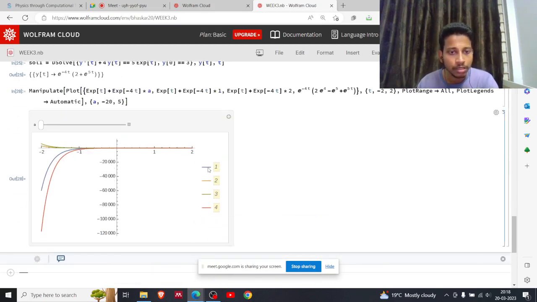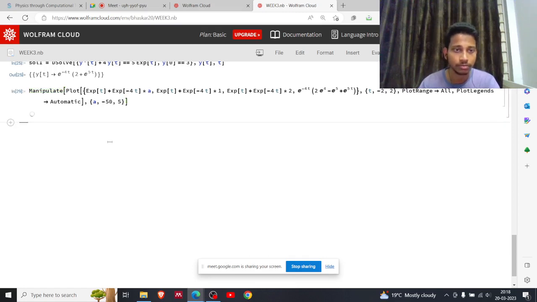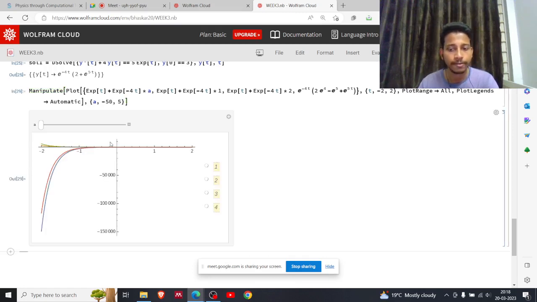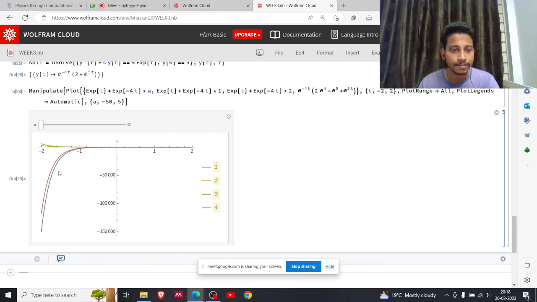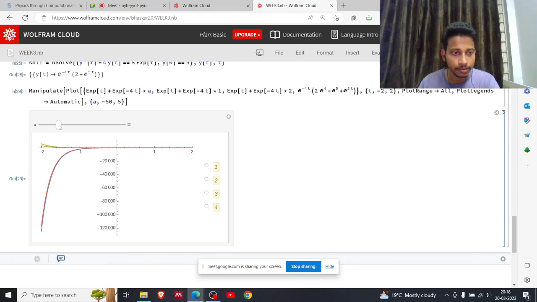Yeah, so if I decrease the value of minus a, I think I can reach that value. Yes, but here we can actually match the value of these two equations.